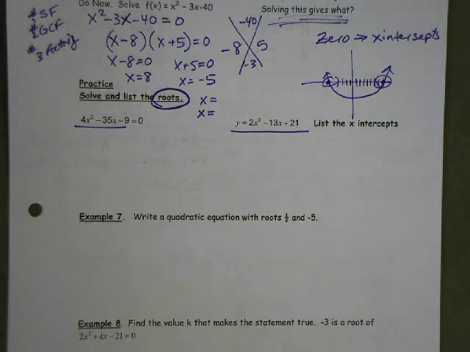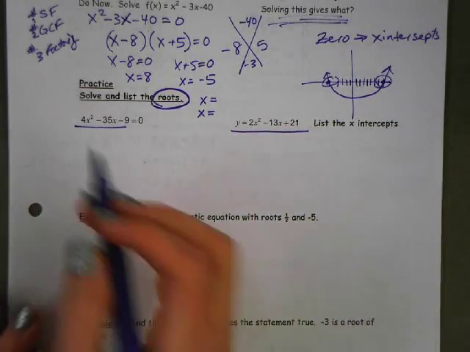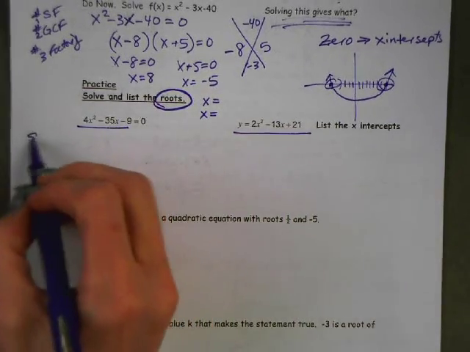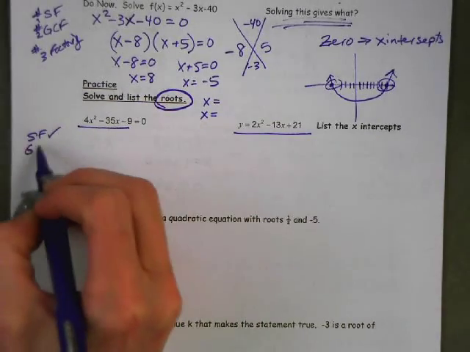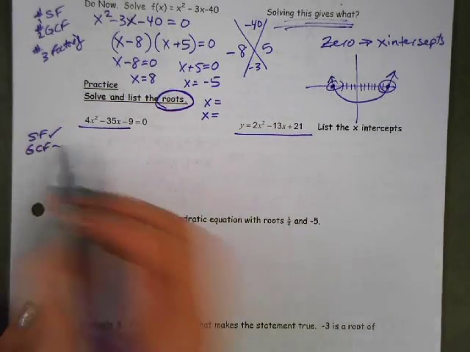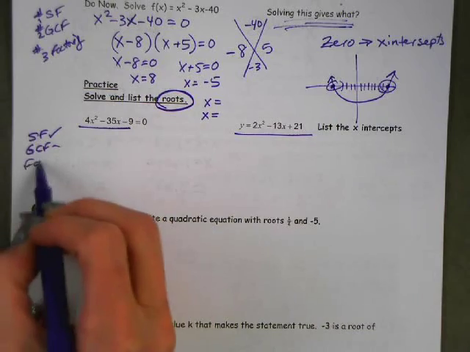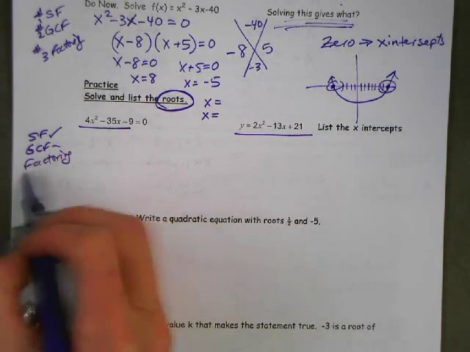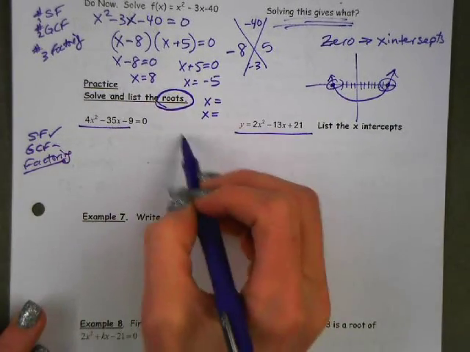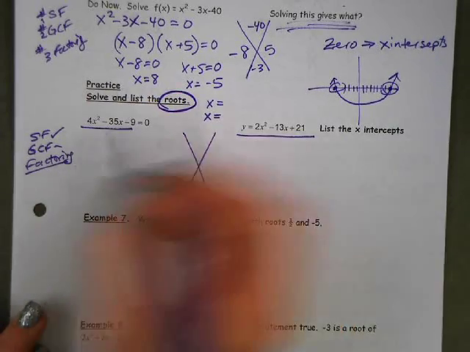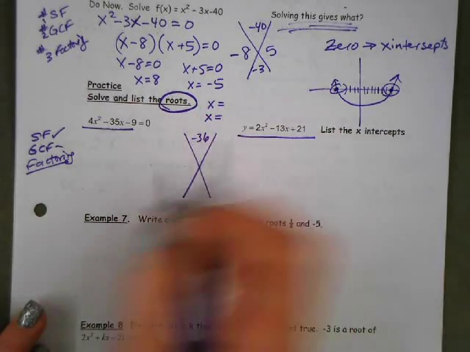On the first one, the standard form is done. The greatest common factor, there's none, so I don't need to worry about it, so I'm going to go into factoring. I'm going to do A times C, so it's negative 36, and on the bottom I have negative 35.